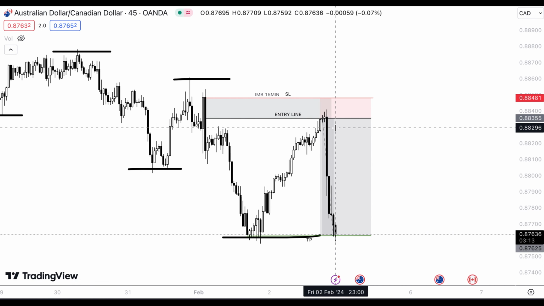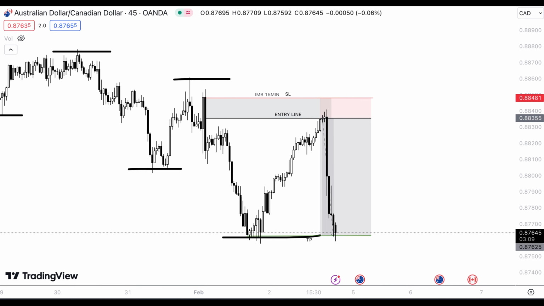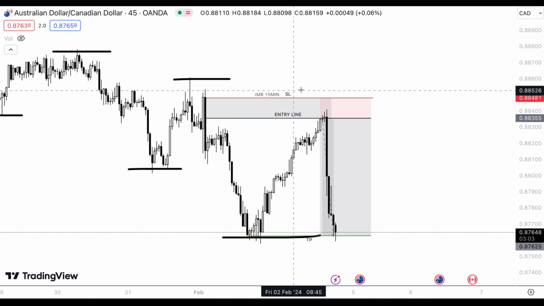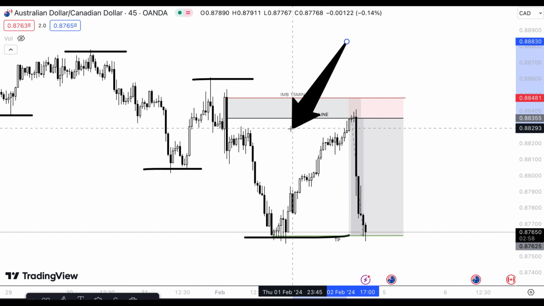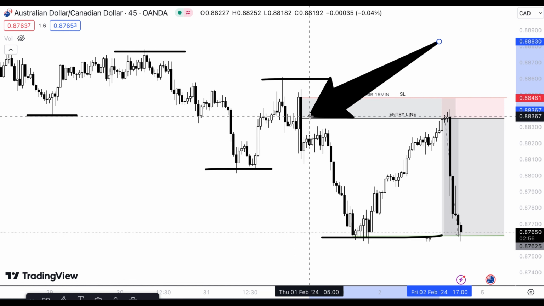Order blocks are large sums of money being injected into the market by the big institutions, meaning the banks and the hedge funds, specifically in the Forex market. These target areas that I'm pointing to on the screen become points of interest for entries.